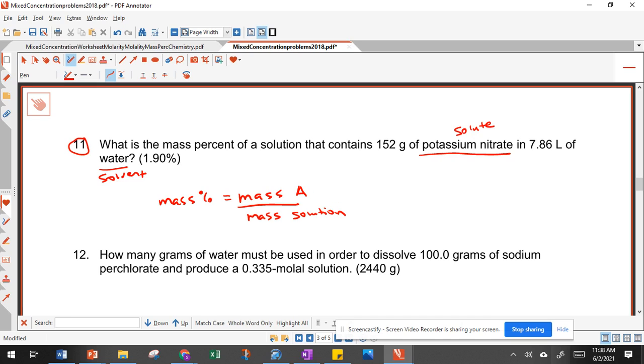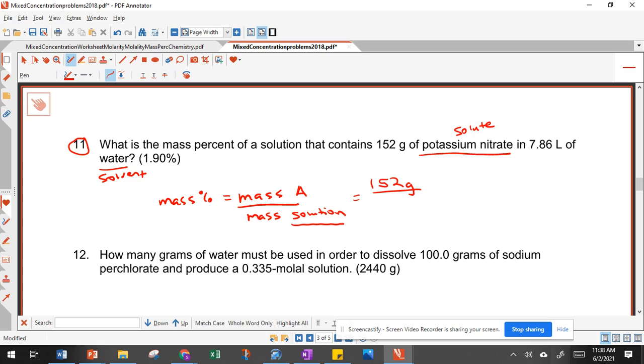So here we have 152 grams of potassium nitrate. And it's telling us this is in 7.86 liters of water. So remember, this is the mass of the solution. So first thing we will need to do, if you're not given grams of your solvent, is you need to convert this into grams.